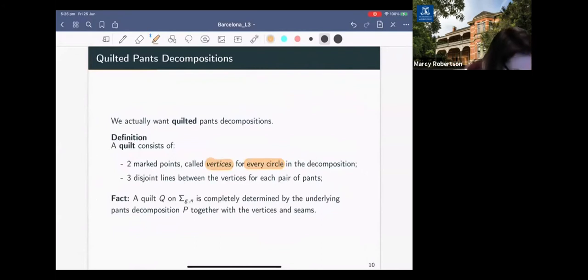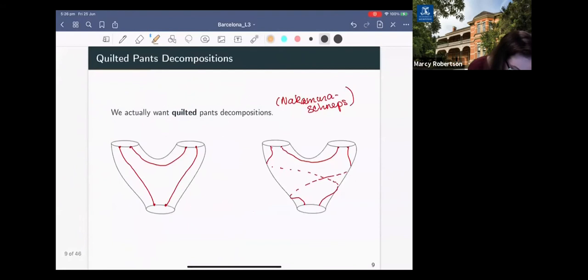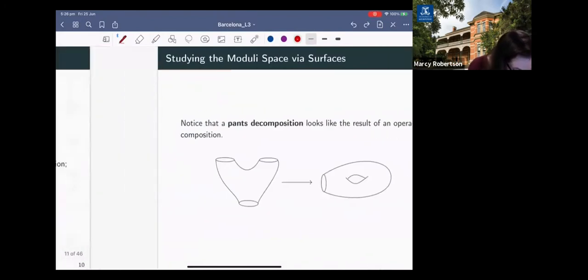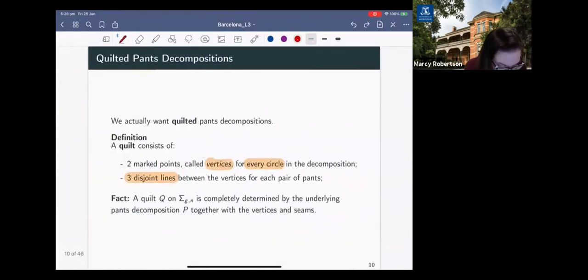Right. So it's 2 marked points called the vertices, and then 3. Oh no, sorry, they can't, because I just wrote down the definition: 3 disjoint lines between the vertices.